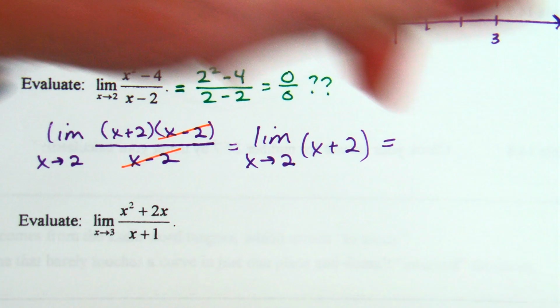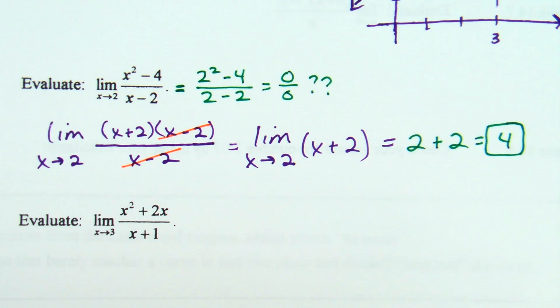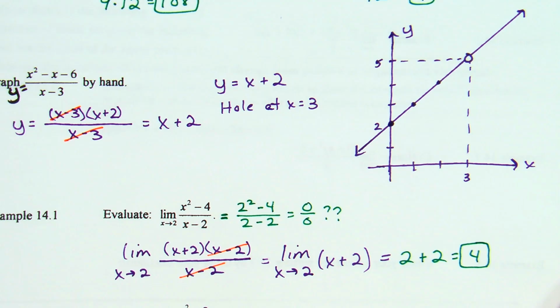Plug in 2, and 2 plus 2 is 4. So similar to the last problem. On the last problem, if I said, okay, what's the limit as x approaches 3, and you tried to plug 3 into the original equation, you would have been stuck. We could not have plugged, I guess I have to zoom back out here. We would have plugged 3 into this equation right here.